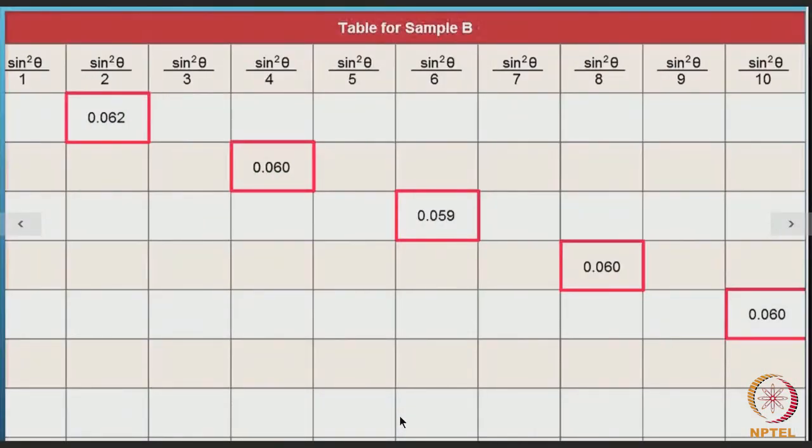and we know that it is quite easy to determine whether the material belongs to the cubic system or not. Say for example, we find in this case, the sin square θ value of line number 1 divided by 2 is the same as the sin square θ value divided by 4 for the second line, the same as the sin square θ value divided by 6 for the third line, equal to sin square θ divided by 8 for the fourth line, equal to sin square θ divided by 10 for the fifth line, so to say.